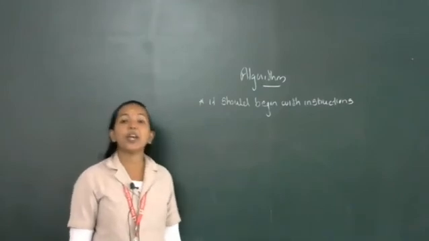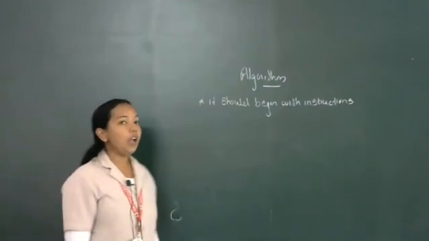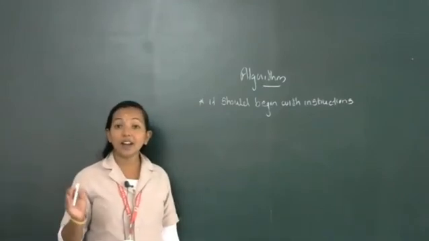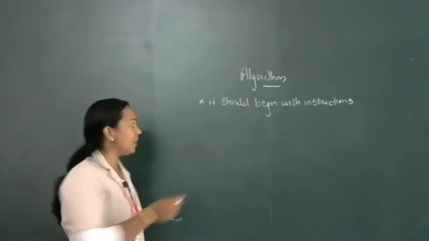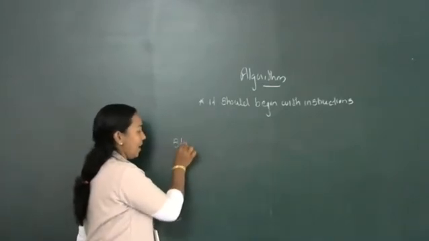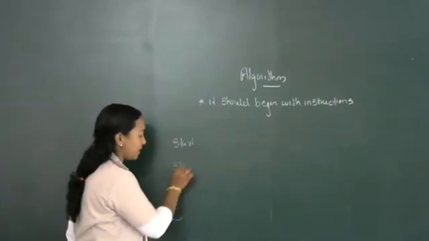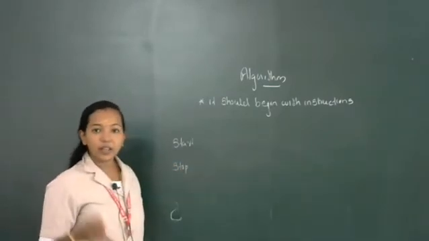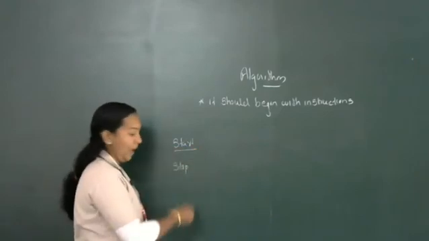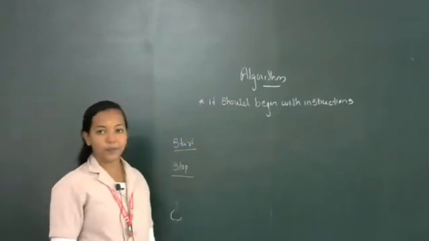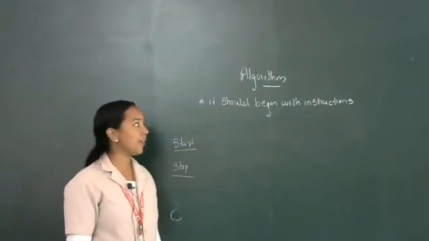Then which type of instructions? Every algorithm starts with start. There will be one step called start. Once the procedure is over, we can stop the execution. So every algorithm begins with a start step and ends with stop.